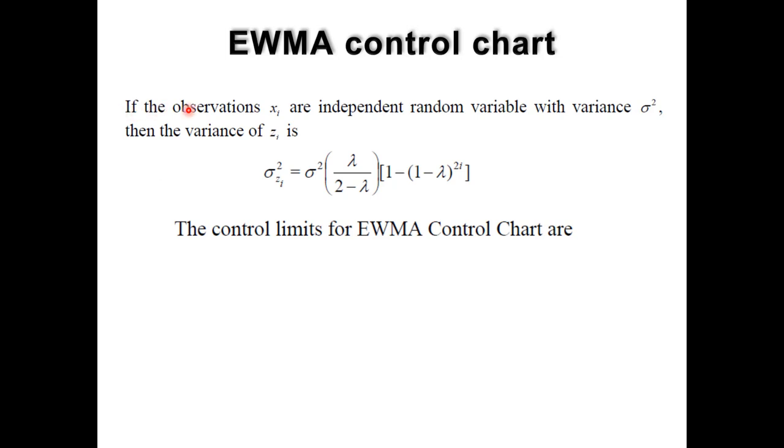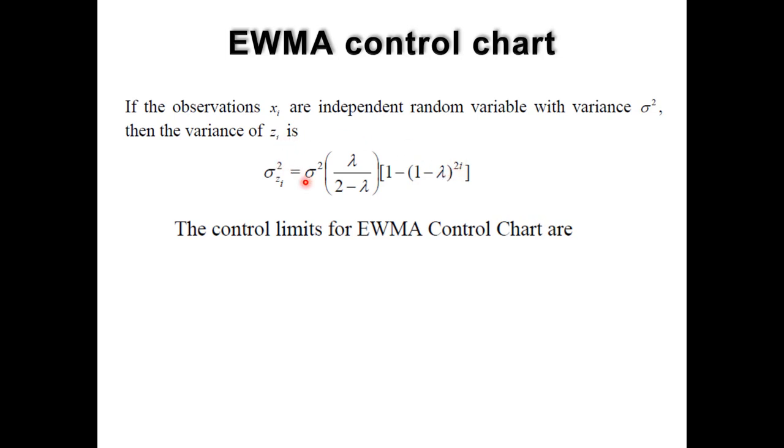Now, if the observations x are independent random variables, normal individual observations with variance sigma squared, then the variance of the EWMA z statistic will be equal to this formula: sigma squared, the individual observation variance, times lambda over (2 minus lambda), whole thing times (1 minus (1 minus lambda) to the power of 2i).